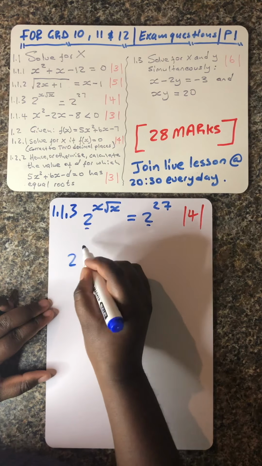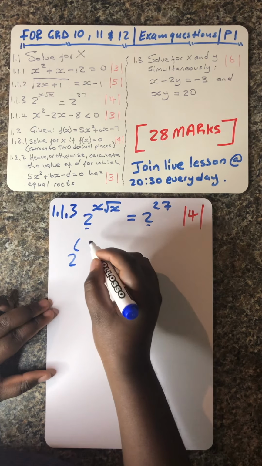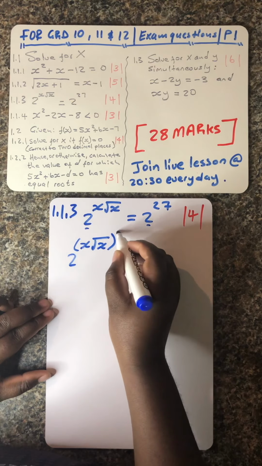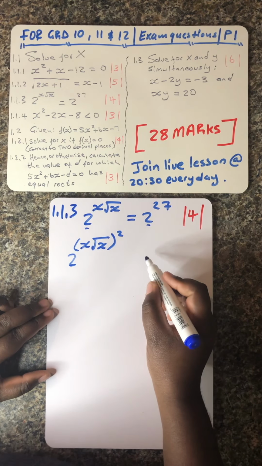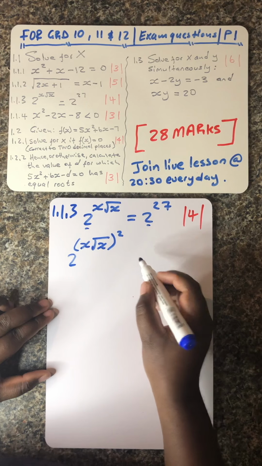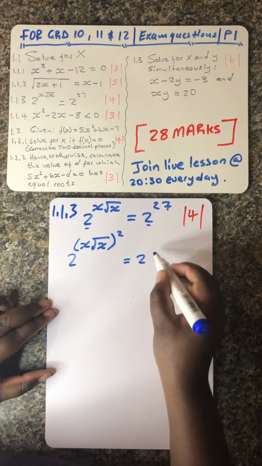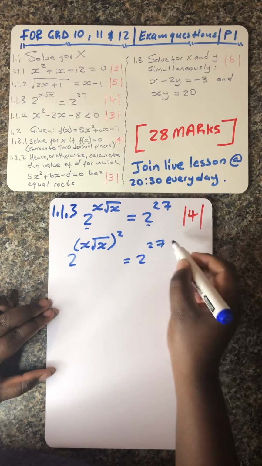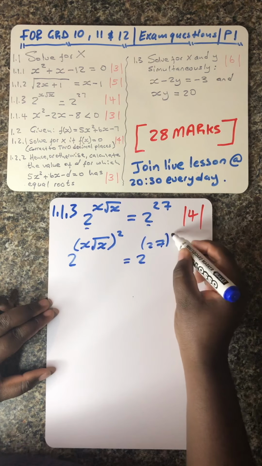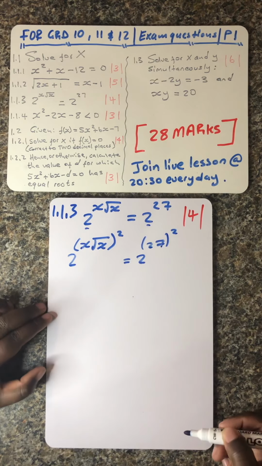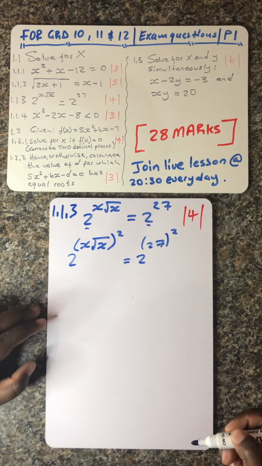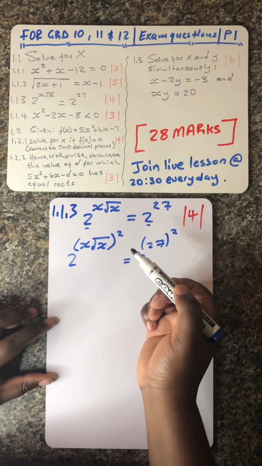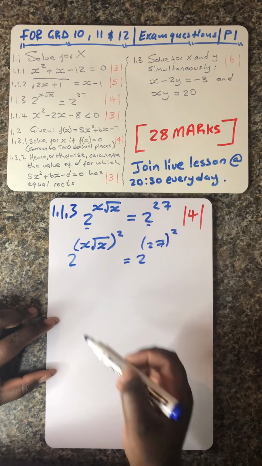So we've got 2 to the exponent x times square root of x, which again equals 2 to the exponent 27. I just want to show you ways in which you can approach this question, and then from there I'll do the simplest method. Remember, with the previous question I showed you how to remove the square root.